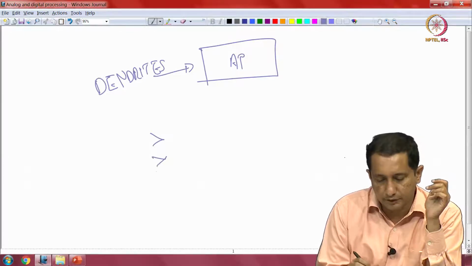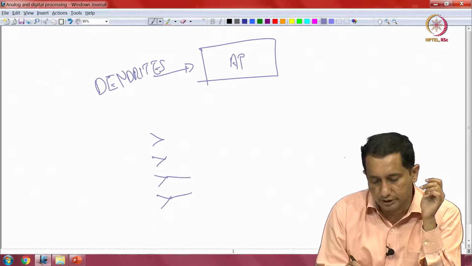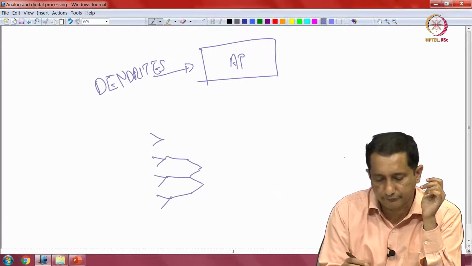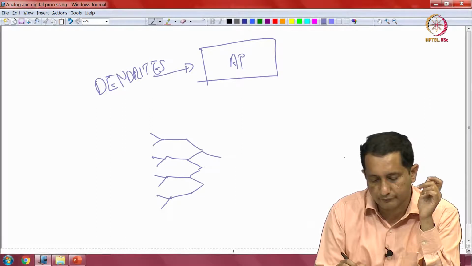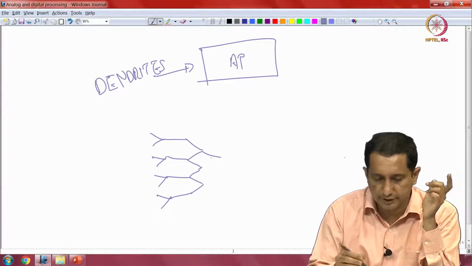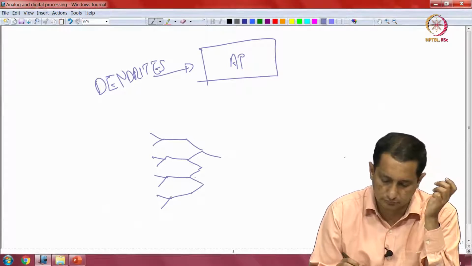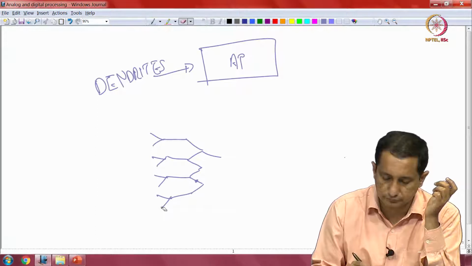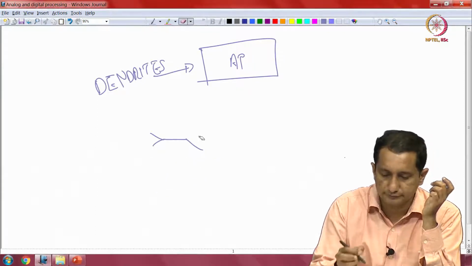So, I think I will use this notation to depict it for multiple reasons. I think it is a tree, sorry. Should draw it the other way around.